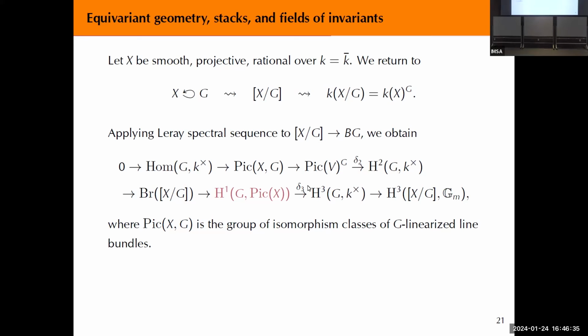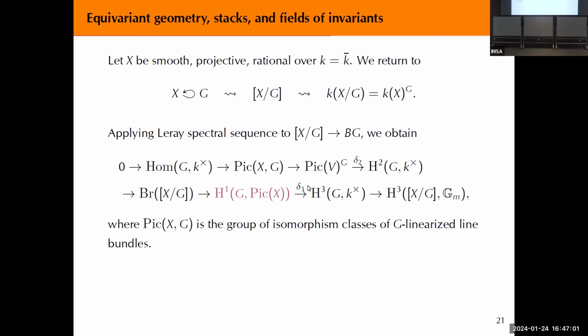Then you map to classes in the Picard group that are invariant under G. Then you map to H^2(G, k^*). Then you map to the Brauer group of the quotient stack. And then you see in red, I call it out, H^1(G, Pic). And then there's the map to H^3, and then the second one and so on.